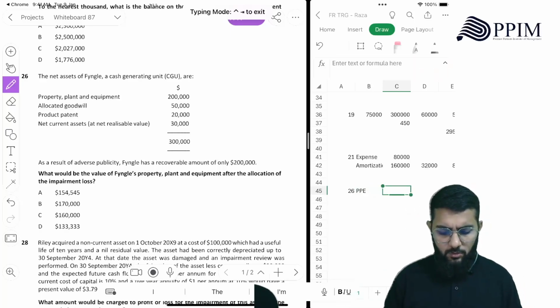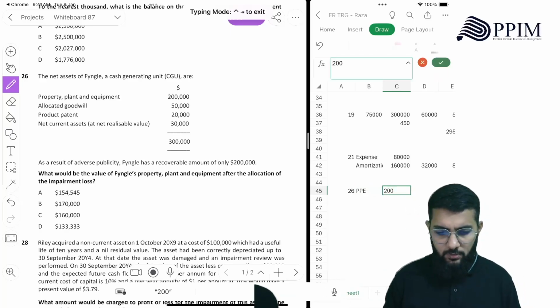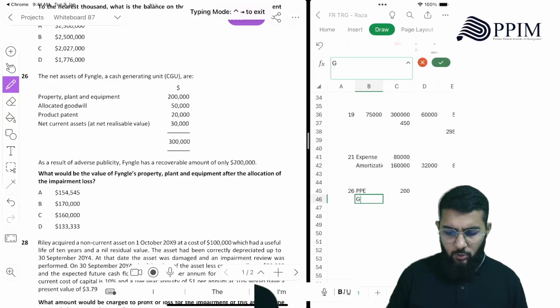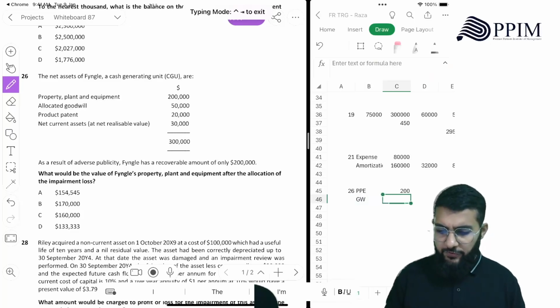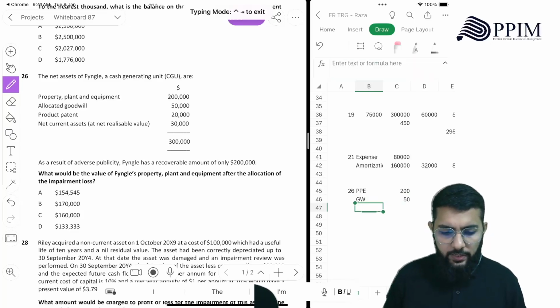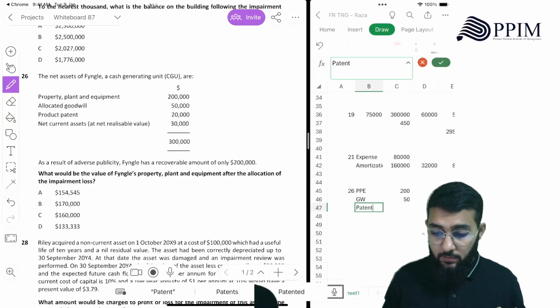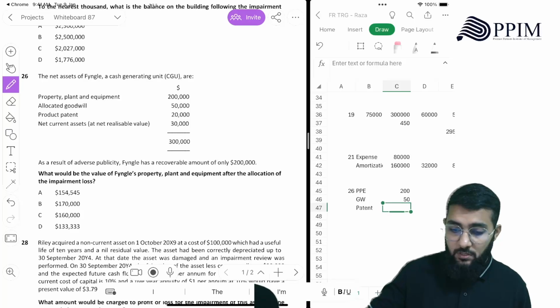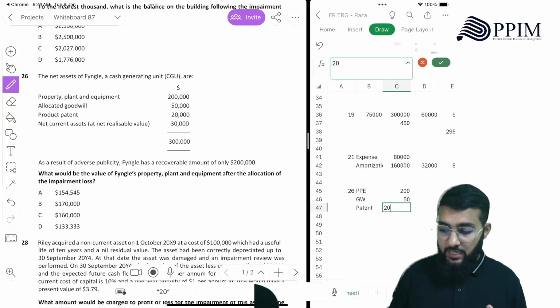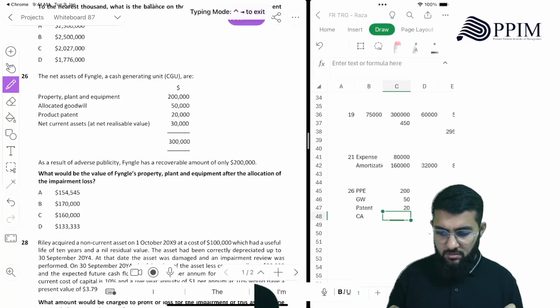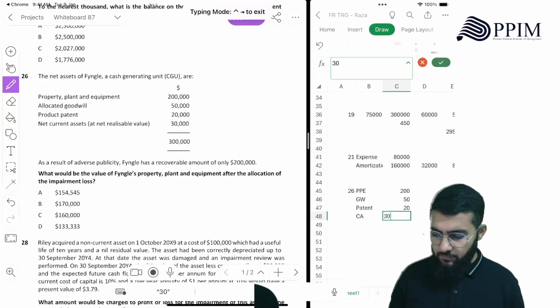PPE 200, goodwill 50, then the patent is 20, then they have given net current assets, which is 30.